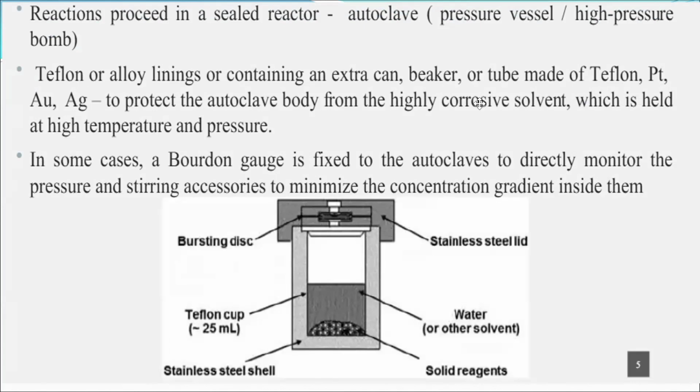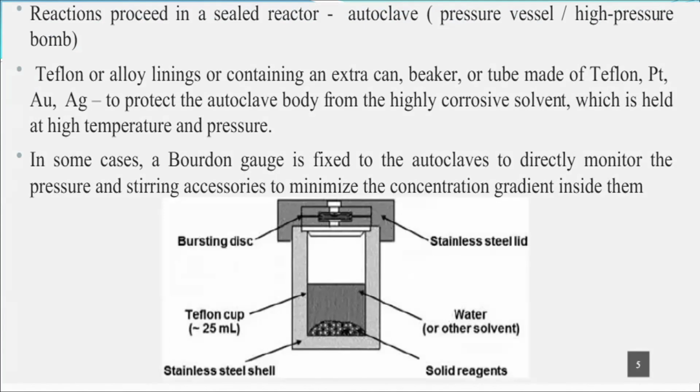Teflon or alloy linings are containing an extra can, beaker or tube made of Teflon. So if you see this picture, it's a Teflon cup in which water is added, and downside to the water you can see solid reagents.